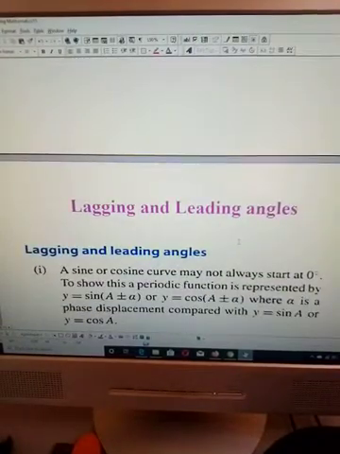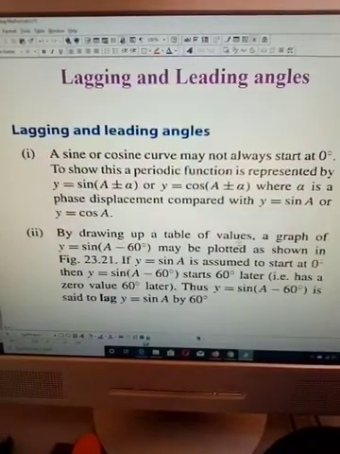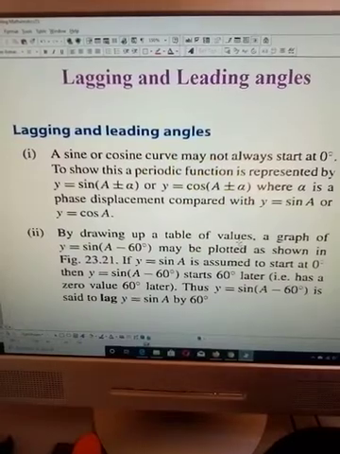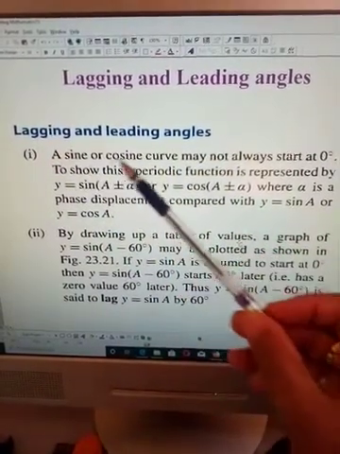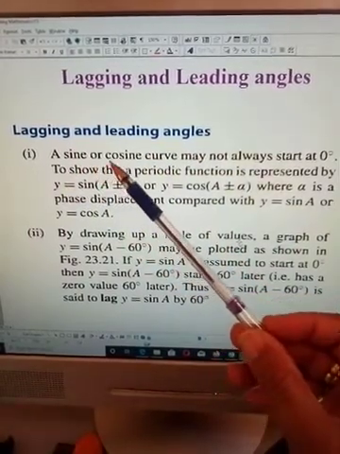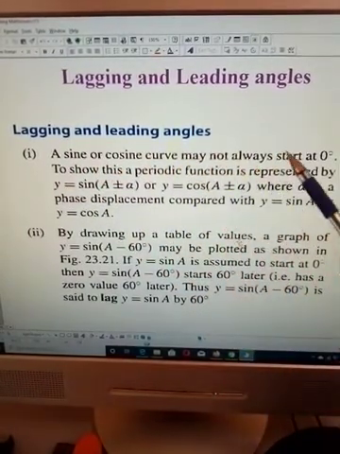Now, lagging and leading angles. A sine or cosine curve may not always start at 0.